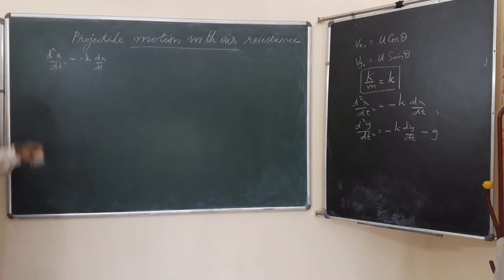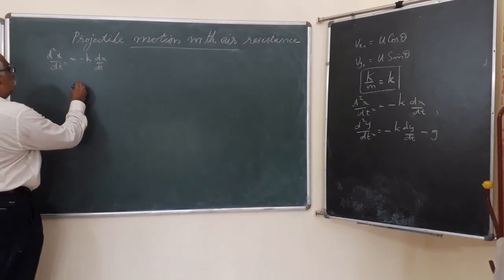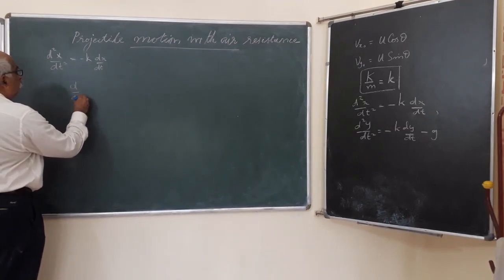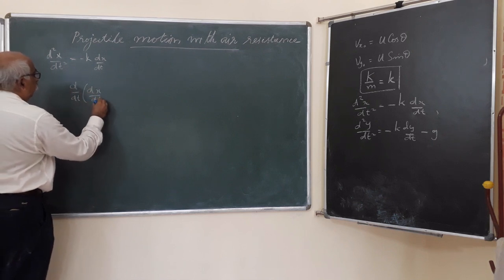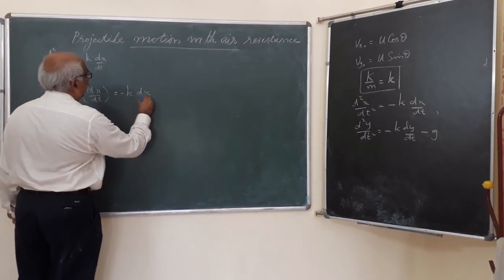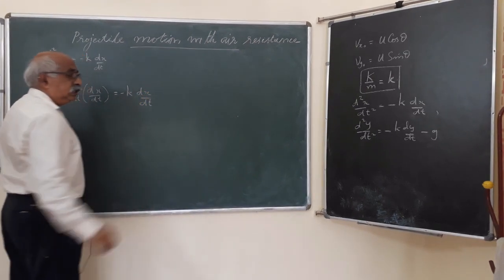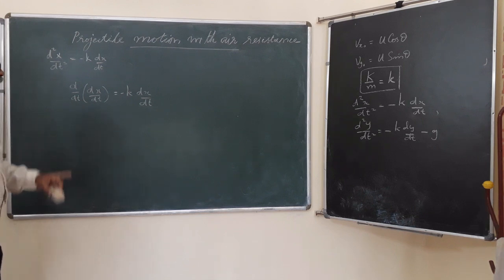This equation can be solved by rewriting it in terms of velocities. d by dt of dx by dt, which is d square x by dt square, is equal to minus k dx by dt. But dx by dt is vx, the component of the velocity in the x direction.